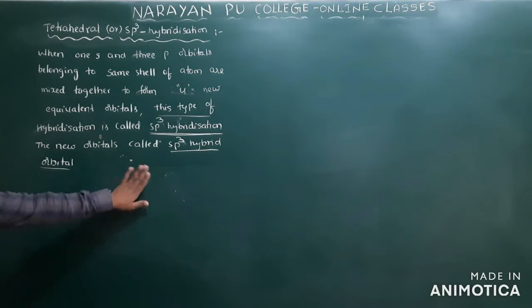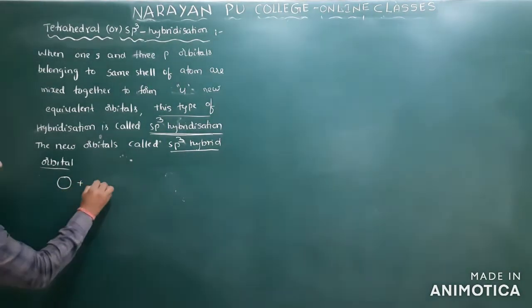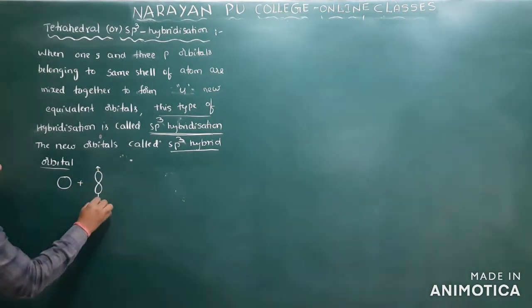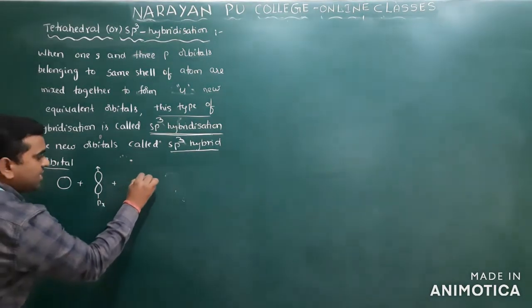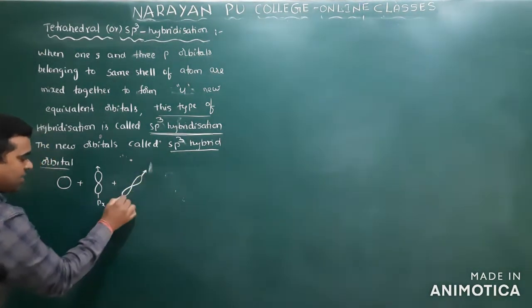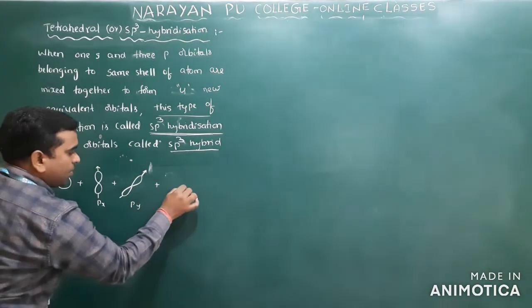Now see how it will be formed. I will write here one s orbital plus p orbitals. Just assume this is a px orbital, this is a py orbital, and the next one is a pz orbital.